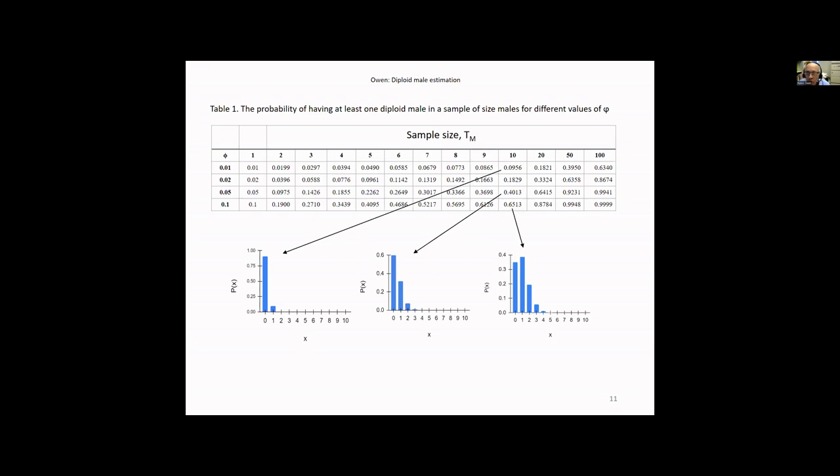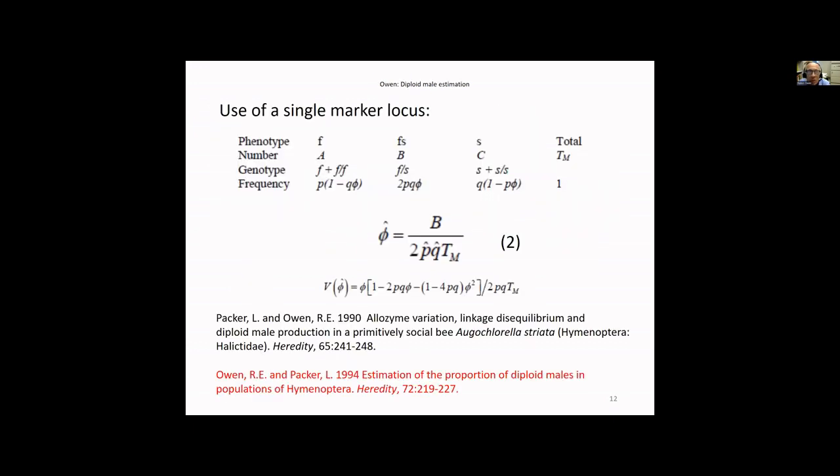So if we use marker loci now, then the problem is, of course, you can only detect diploid males if they're heterozygous at that locus, because haploids and homozygotes of diploids get mixed in together. So the estimate, and this was originally published by Packer and Owen in 1990, and then fully developed with the sampling theory in Owen and Packer 1994, is this basic estimate.